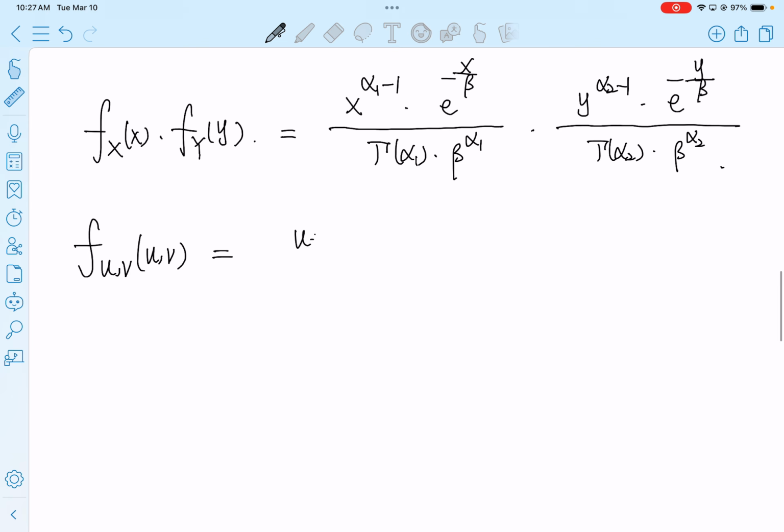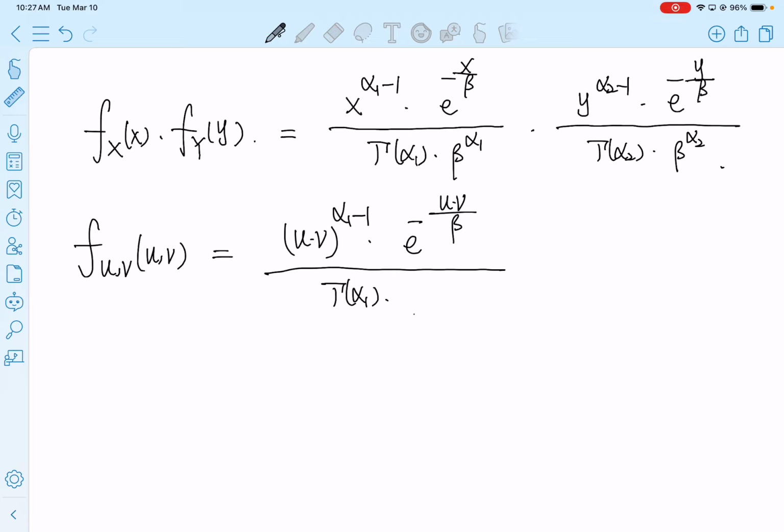So you have u multiplied by v, raised to the power alpha 1 minus 1, e raised to the power of negative, and we have another x replaced by u multiplied by v, over beta, divided by the gamma function of alpha 1 times beta to the power alpha 1.